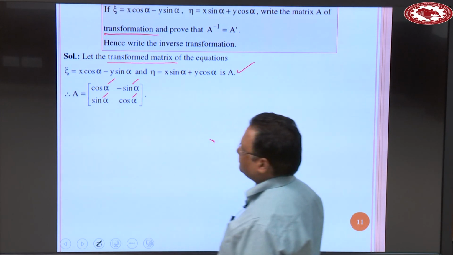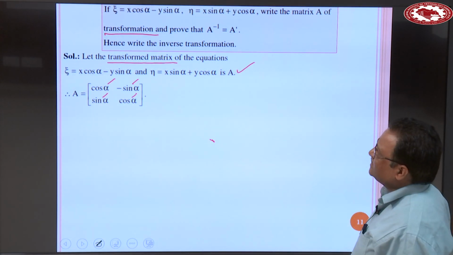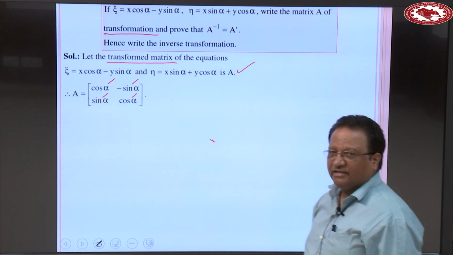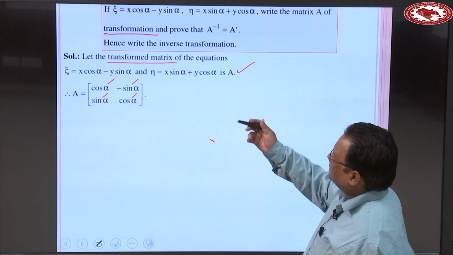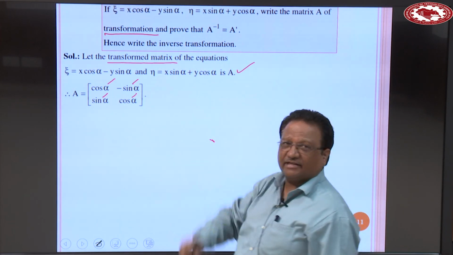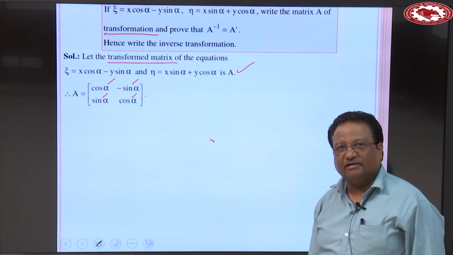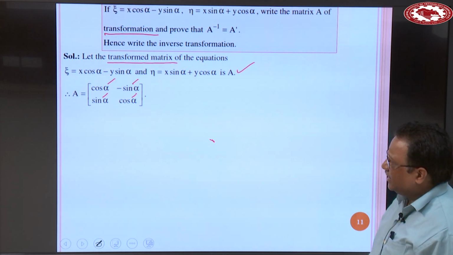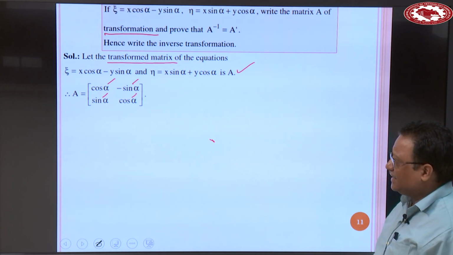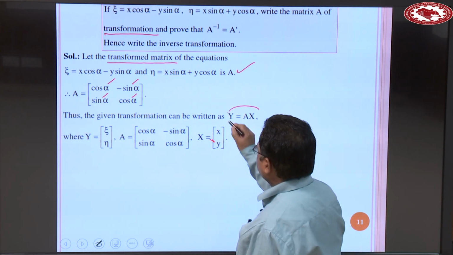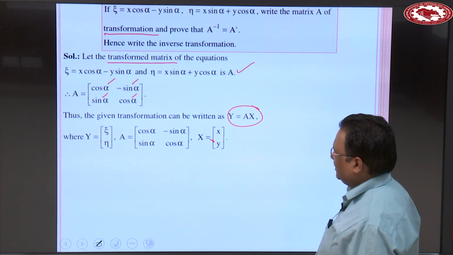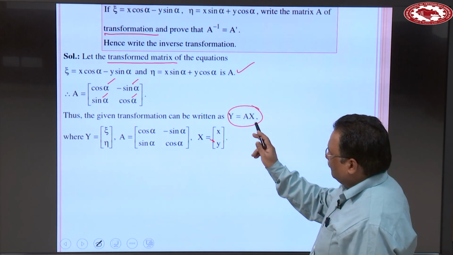So this A is the matrix of transformation which transforms the given matrix to another matrix. Clear? Thus the given transformation can be written as y is equal to Ax. Clear? y is equal to Ax.